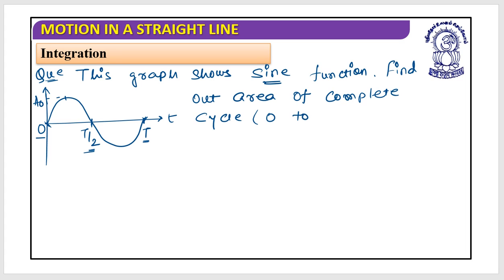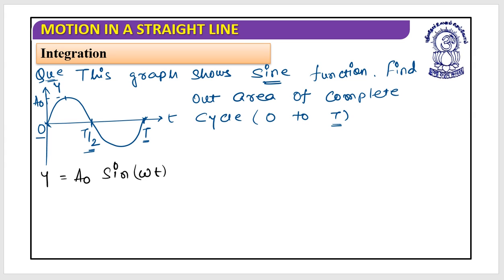That means from 0 to t. Let's say this is y. So what you need to do is find out the area of this cycle. So this function would be y equals a naught sine omega t, where a naught is the amplitude. This is what they have given, and you need to find out the area of this.